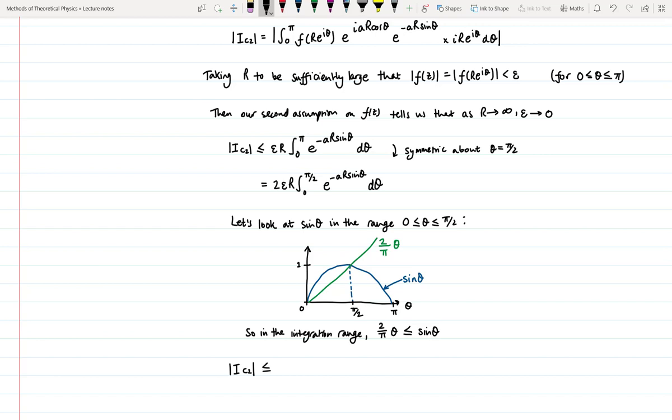This is now less than or equal to 2 epsilon r, the integral from 0 to pi by 2 of e to the minus a r times 2 over pi times theta d theta.